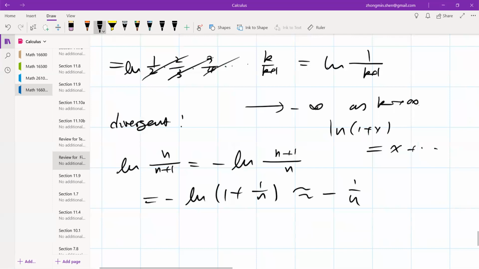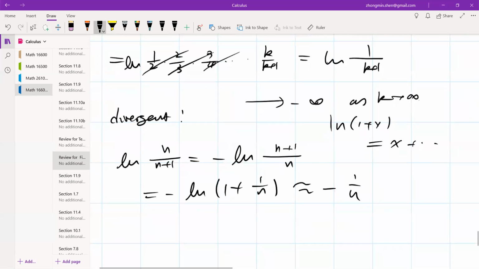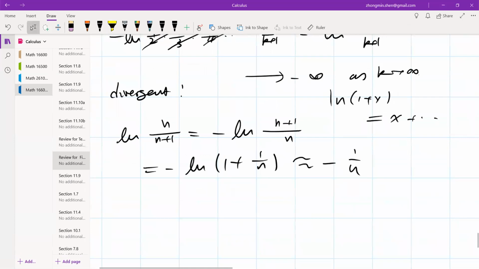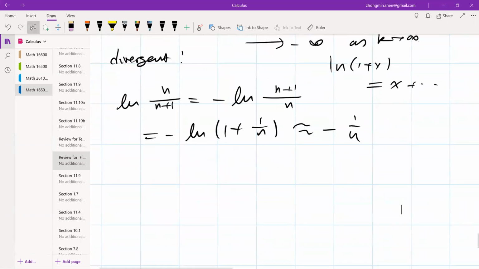Okay? If you have to find the comparison test, you compare with 1 over n. Limit comparison test. So this is your an, this is my bn. So all the terms are negative, so you can use a comparison test. You take a negative sign out, right? Yeah.